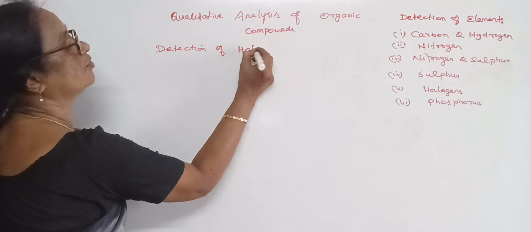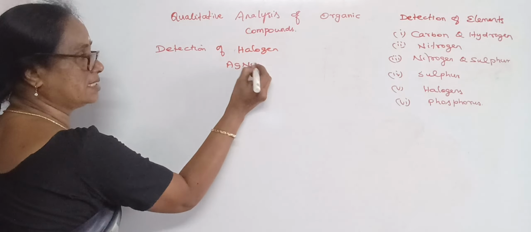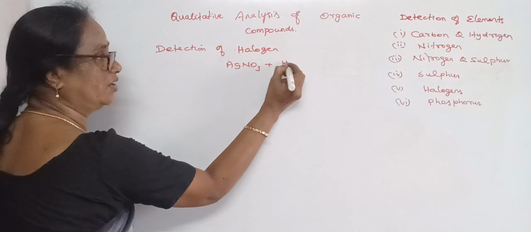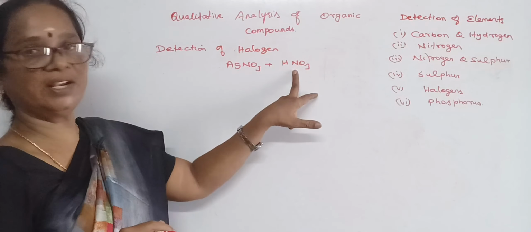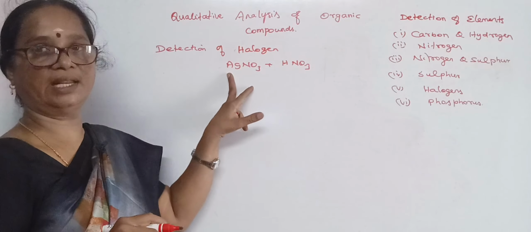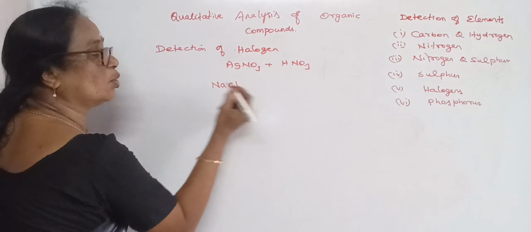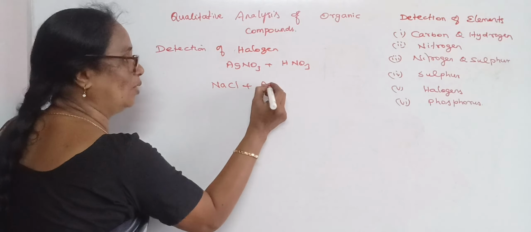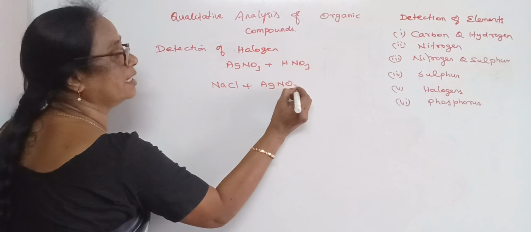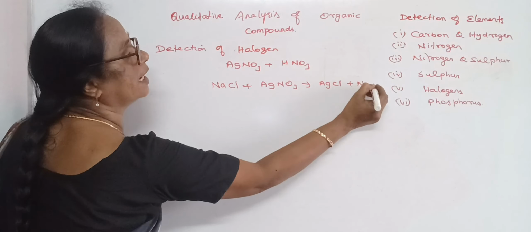So, detection of halogen. The reagent is silver nitrate, which is acidified with nitric acid. So the extract is acidified with nitric acid followed by treating with silver nitrate. If the compound of sodium chloride, that extract contains chloride, I will get AgNO3 that forms AgCl plus NaNO3.